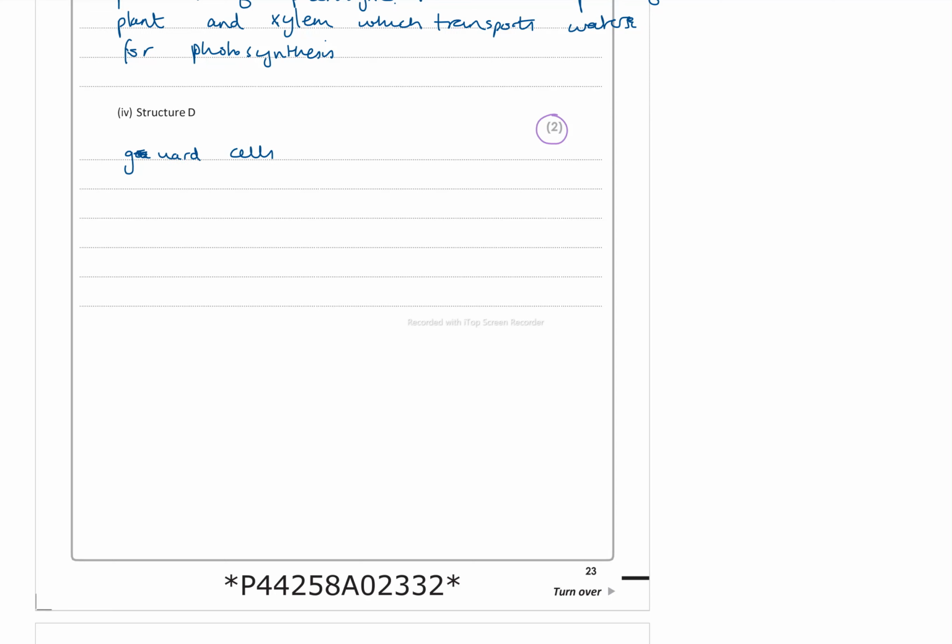Guard cells open when photosynthesis occurs, to allow carbon dioxide in, and it allows water to transpire out.